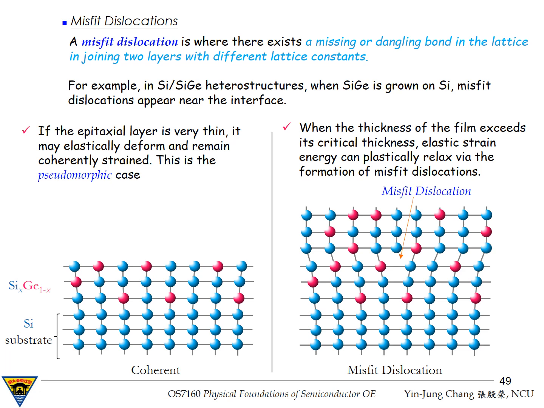So let's consider the example shown here. A silicon germanium layer grown on a silicon substrate. We know that silicon germanium alloys generally have a slightly larger lattice constant than pure silicon.